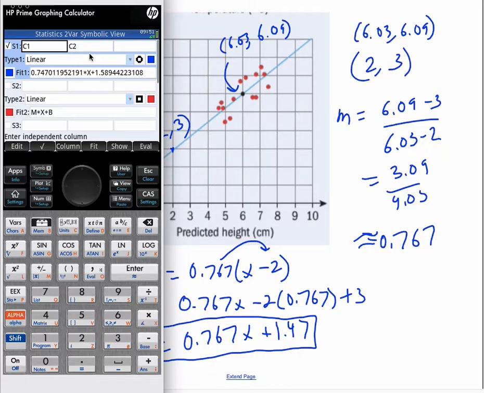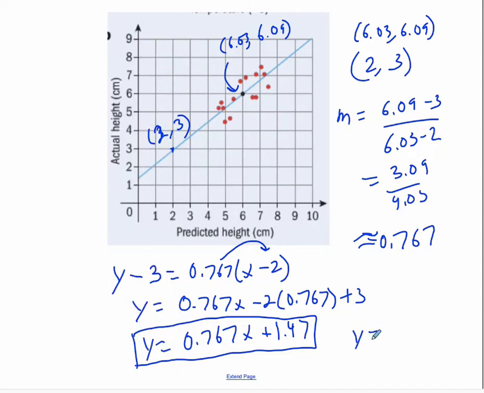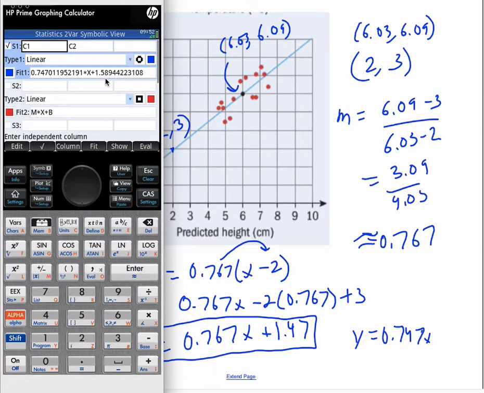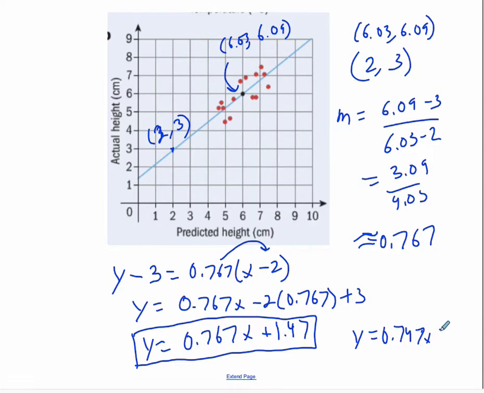You need to make sure C1 and C2 are in here, but it spits out this equation: 0.747x, and the y-intercept is 1.59. Okay, so this one should be a little bit more accurate than the one you did by hand.